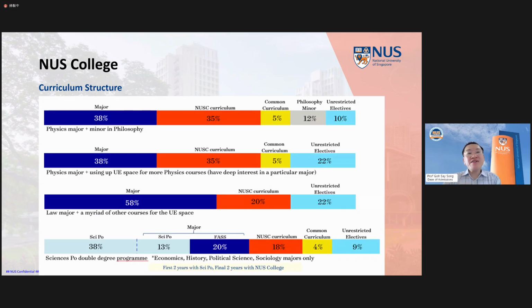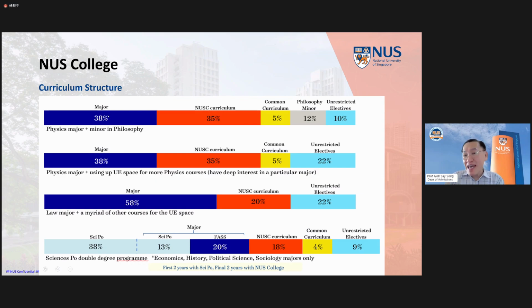So let me give you an example. For example, there is a physics major. So the person has to take the major requirement for physics, and that is about 38% of what he's going to study. There is an NUS College curriculum that is always fixed at 35%. Then there is a balance of the common curricular requirement of the physics major.